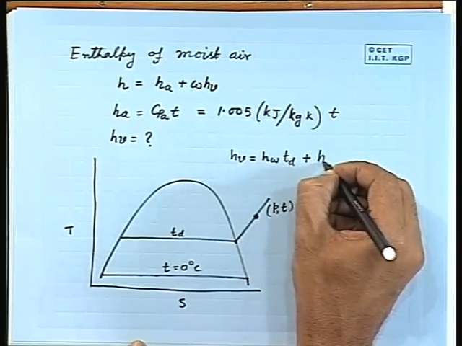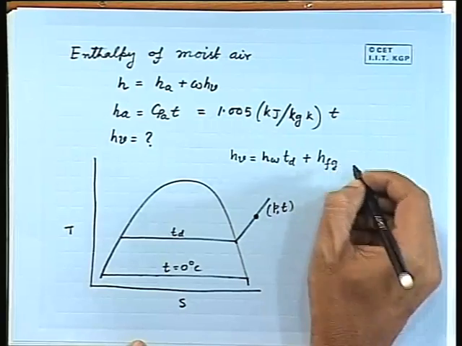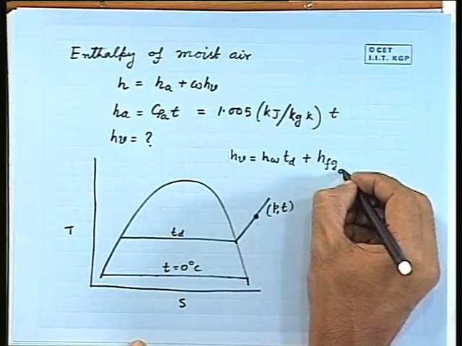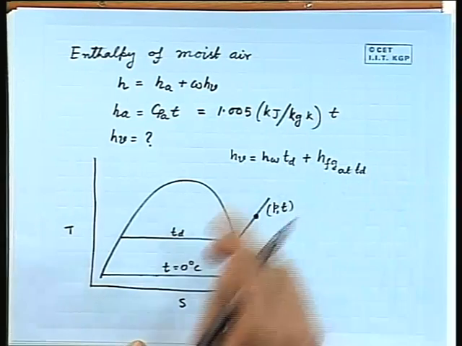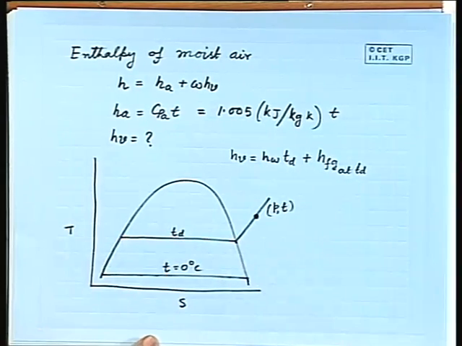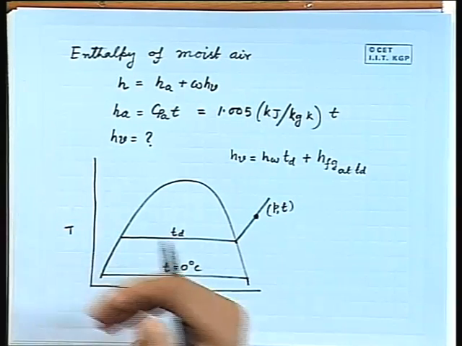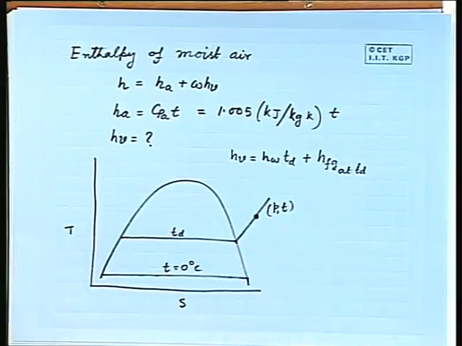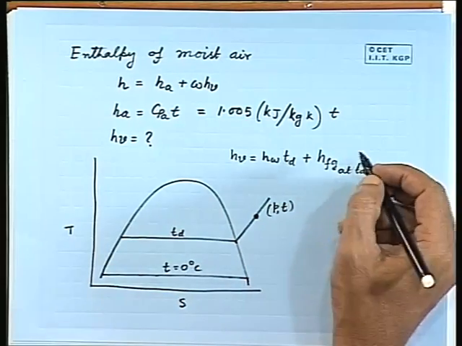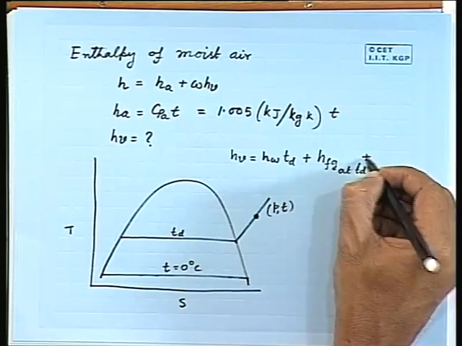Plus HFG at TD, because we know that the latent heat of evaporation also changes with pressure and temperature, that means for different temperatures it changes. So we can write that.